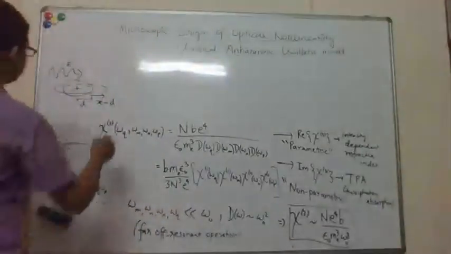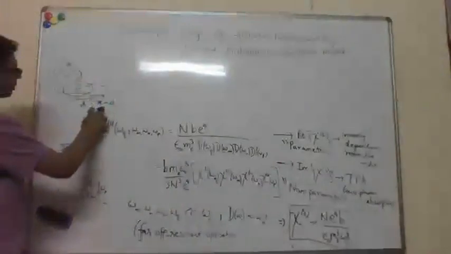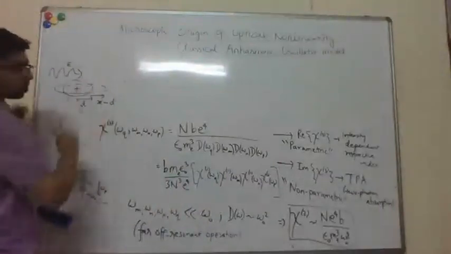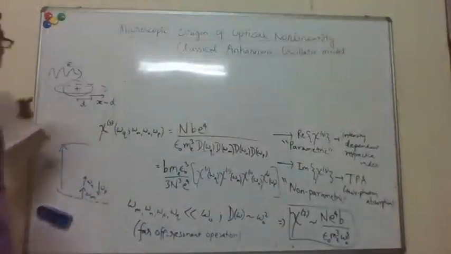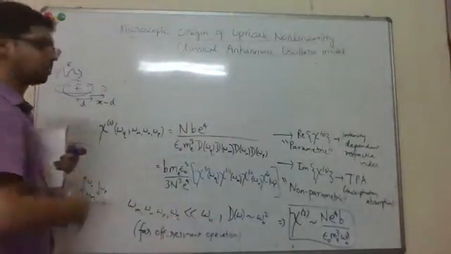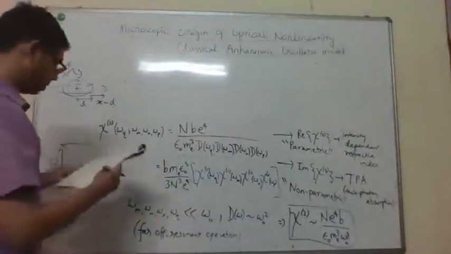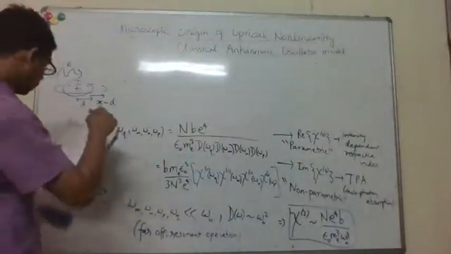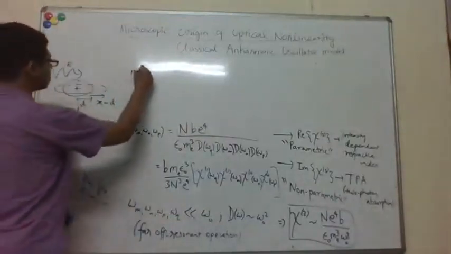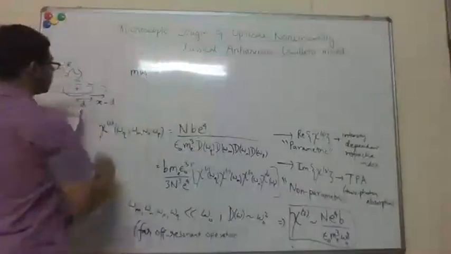Okay. So we say that when the electronic displacement becomes of the order of the atomic dimension, then the cloud is getting really distorted, and the nonlinear part of the restoring force becomes comparable to the linear part. So the linear part of the restoring force is this, right?